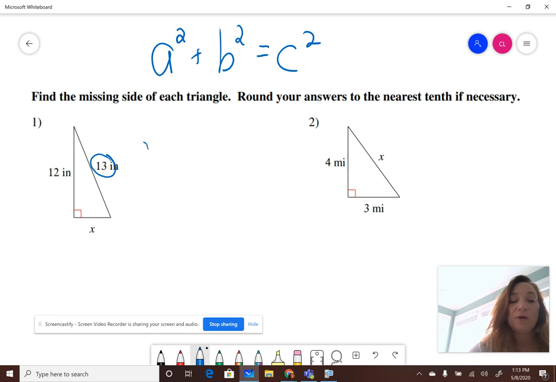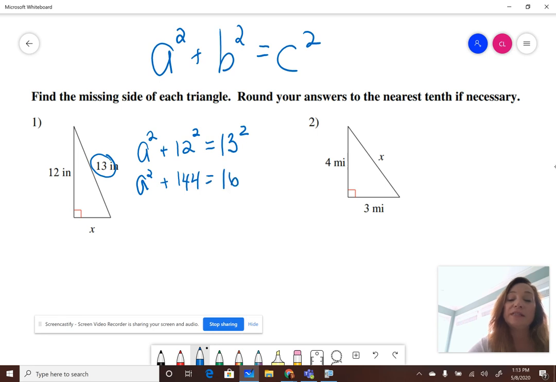So a squared is a leg, which they're representing as x, and you could put a or you could put x, it's fine. Plus 12 squared, that's one of the legs, equals 13 squared. I still don't know what a squared is. That's the variable. But I do know what 12 times 12 is.